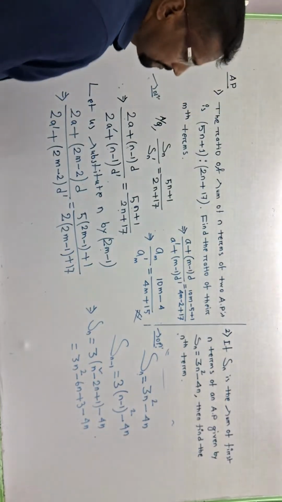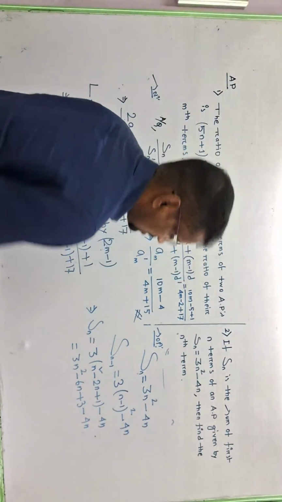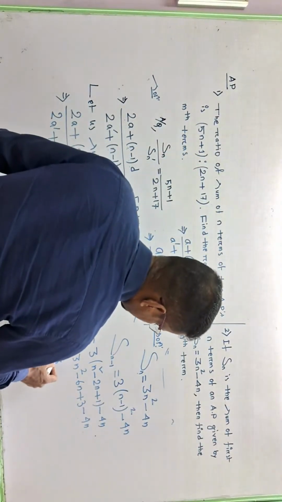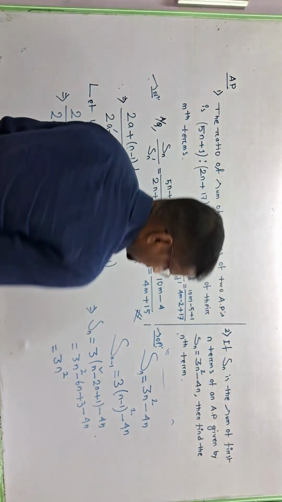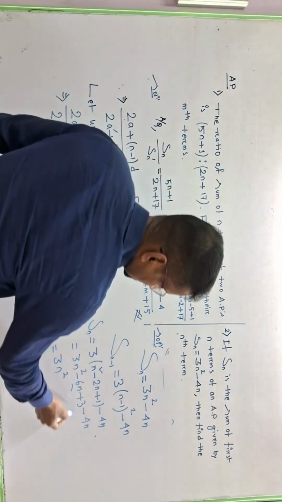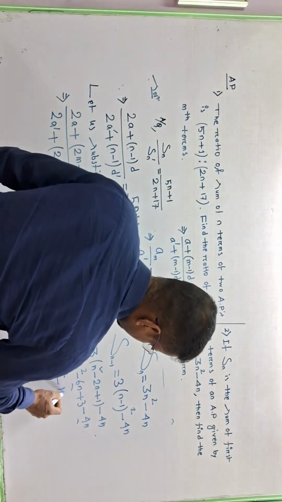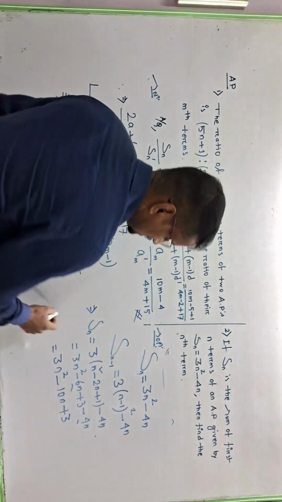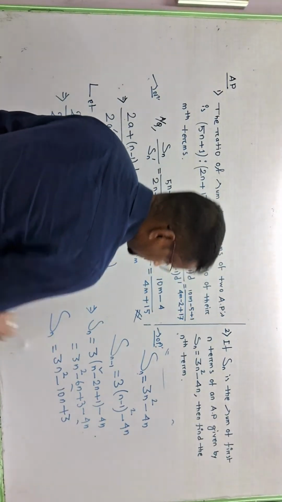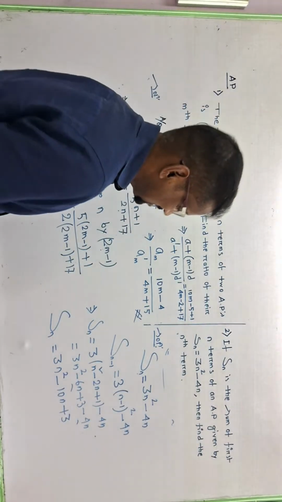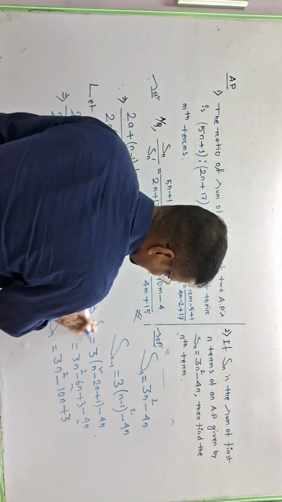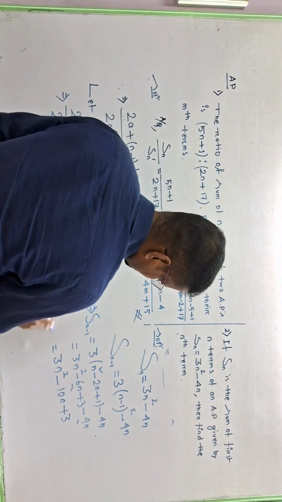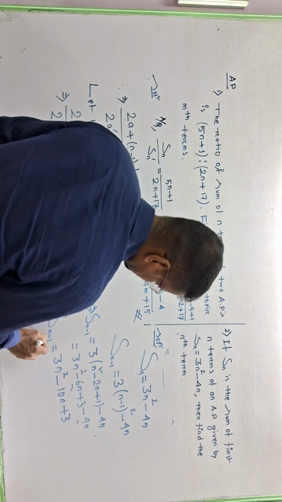So equal to 3n square minus 10n plus 3. So this is your sum of n minus 1 terms.